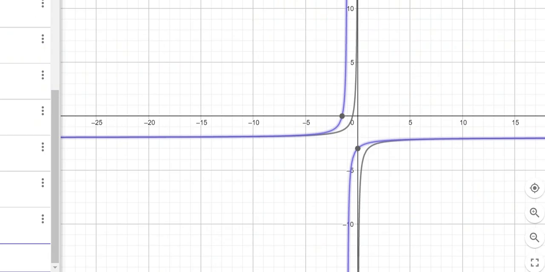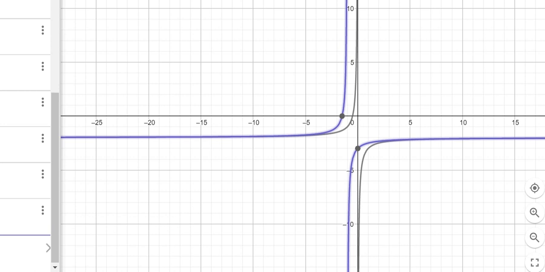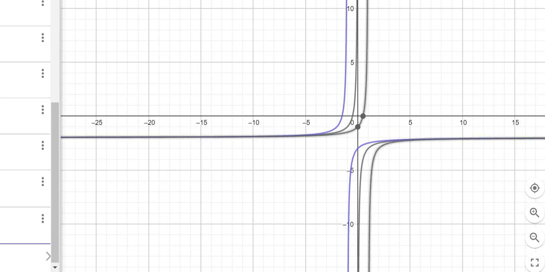Now, let's see what will happen if I duplicate this, and instead of having plus, I have minus 1. Do we see the darker gray? What will happen?